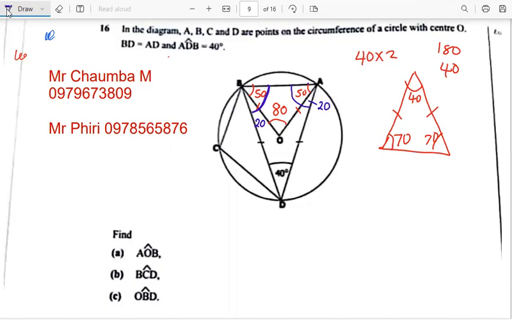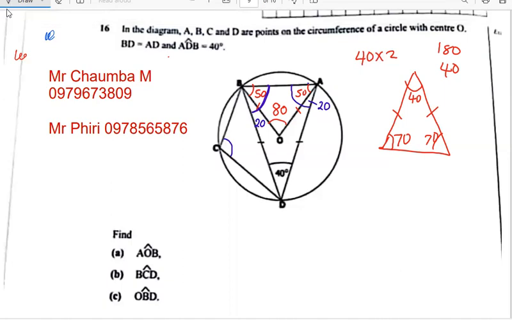What about this angle here? You need to know that there is one theorem that says opposite angles in a cyclic quadrilateral add up to 180.